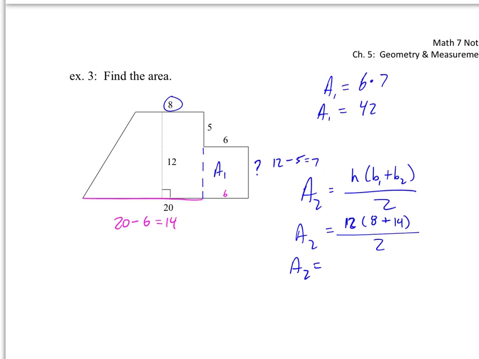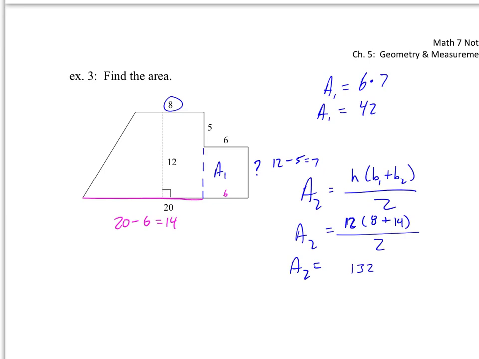8 plus 14, this whole thing times 12, divided by 2. You got 88? 8 plus 14 is 22, times 12, divided by 2 is 132. I got 92. Did you do 8 plus 14 first?